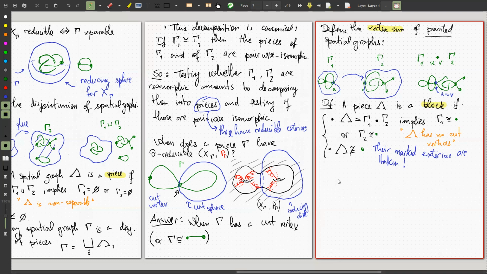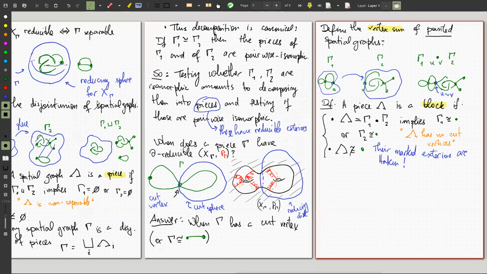So what was the program that we followed last time? We said for this disjoint union operation, we wanted to say that there is a canonical decomposition into these elementary pieces.